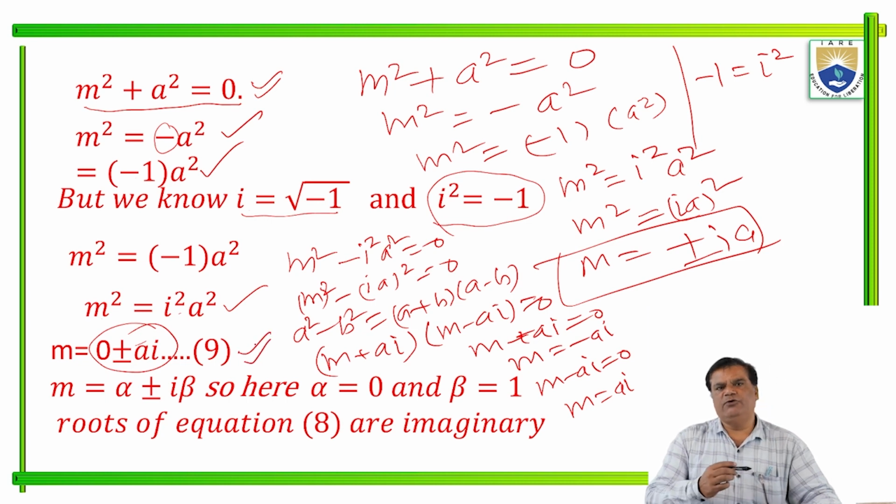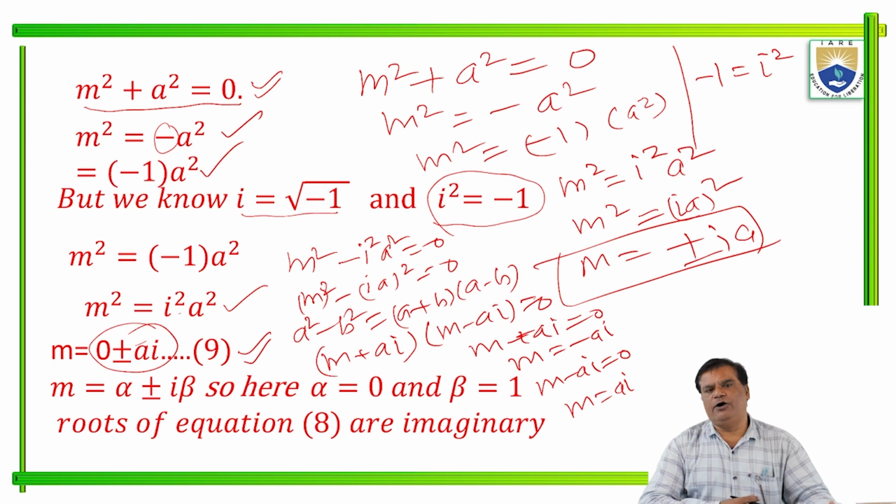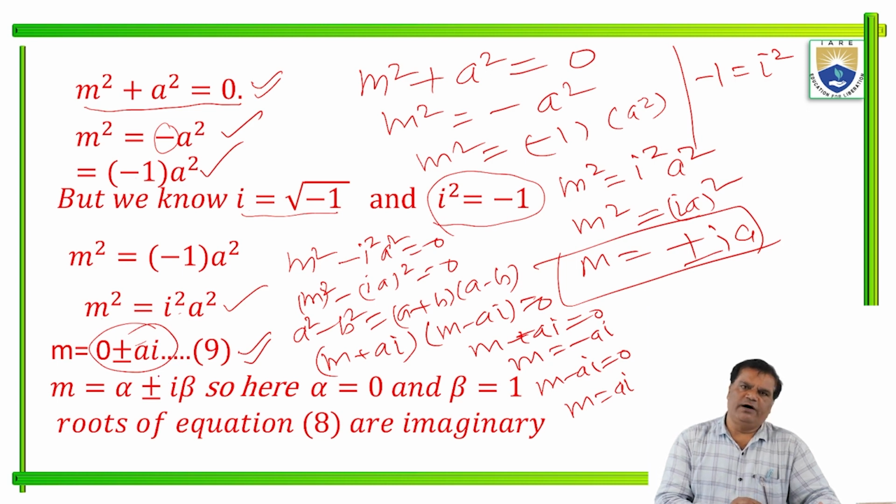Here we find the value of m, because our auxiliary equation is always in m. After solving equation number 8, we find the value of m. These are the roots of m. Imaginary roots are given in the form m equal to alpha plus minus i beta.